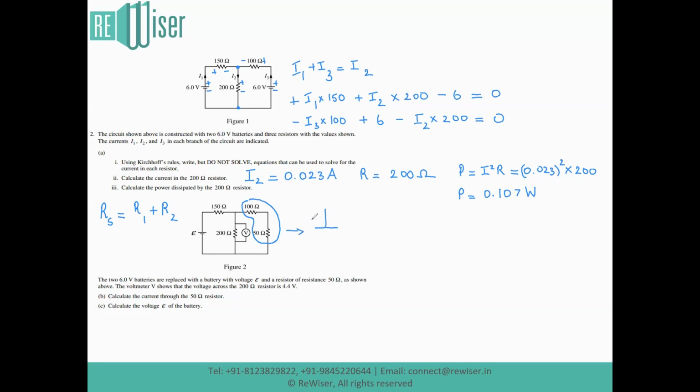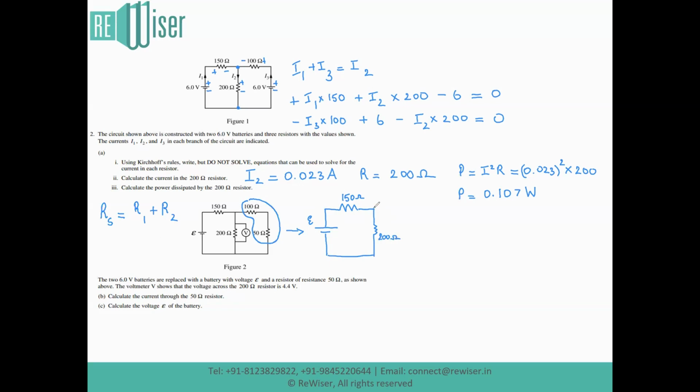The EMF is still unknown at a value epsilon. There is a resistance of 150 ohm here. There is a resistor whose voltage is known to be 4.4 volt, and this resistance is 200 ohm.